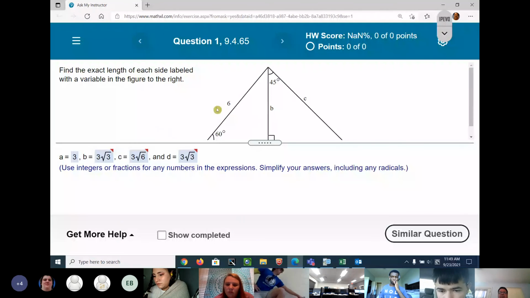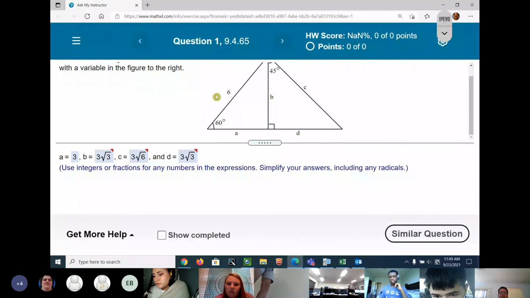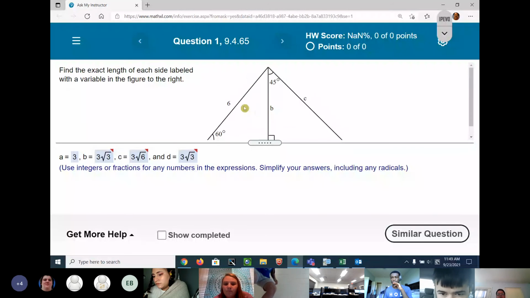Does everybody see what I'm talking about? Okay. So if you did this question on a test, try to do radicals, but if you did it with decimals, I would take them if they're correct, but I don't want to have to go in and correct 15 different tests. You see what I'm saying?